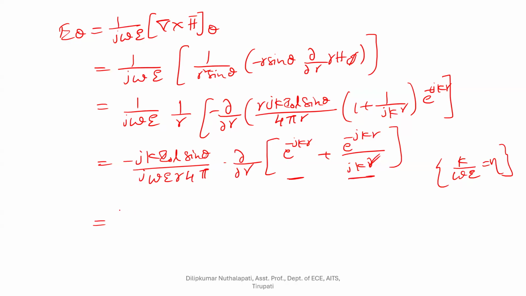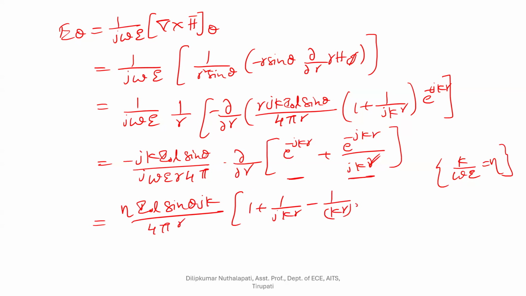Then we can get eta I naught L sine theta into jk by 4 pi r into 1 plus 1 by jkr minus 1 by kr whole square into e power minus jkr. So this is the final electric field component theta for the current element or the infinitesimal dipole or Hertzian dipole.